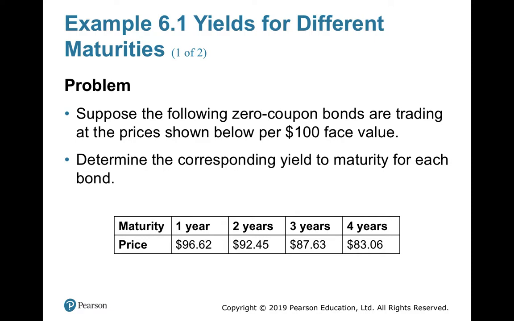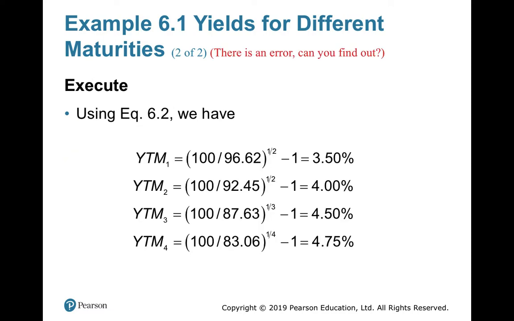These zero coupon bonds are trading at the prices shown below for face value 100. 1 year maturity zero coupon bond, 96.62; 2 year, 92.45; 3 year, 87.63; 4 year, 83.06. These are the prices for four different bonds having four different maturities. All are ZCBs, zero coupon bonds.